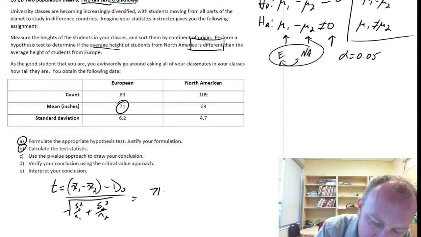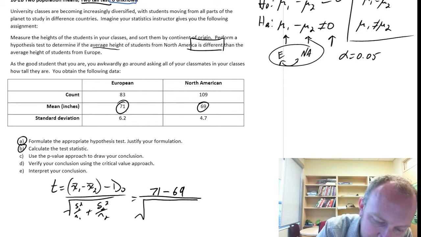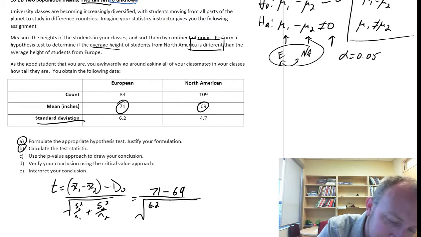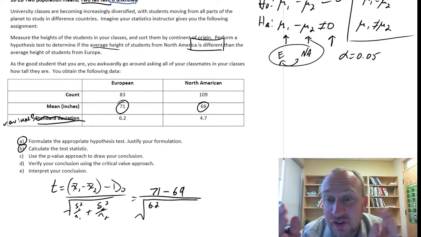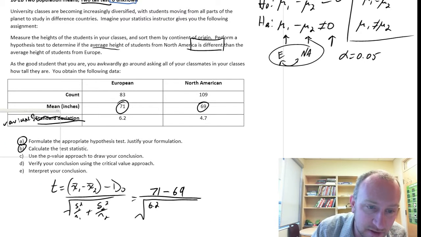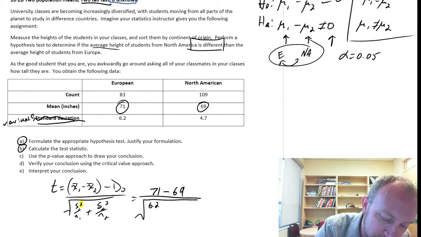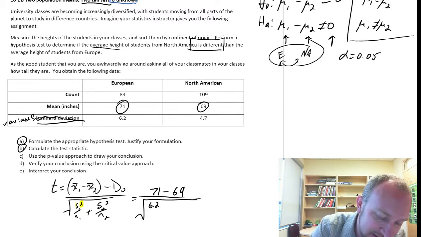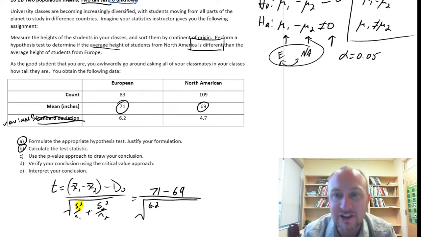So 71 minus 69 divided by the square root. So this is a standard deviation, so we have to square that. Sometimes the problem might tell us that this is the variance or variation. Let me put variance. And if the problem gives us variance, then we wouldn't square it. You'll notice in the formula, of course, this is squared, but that's the standard deviation squared, which is the variance.